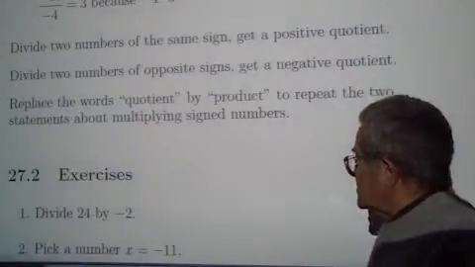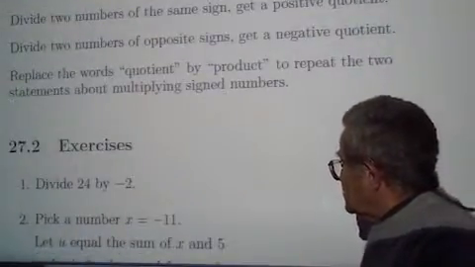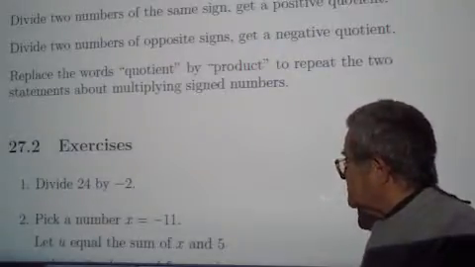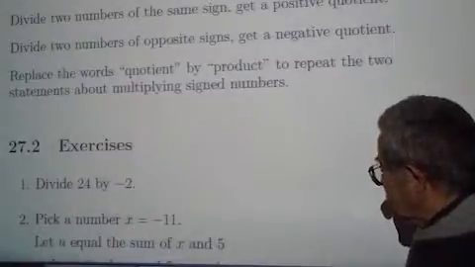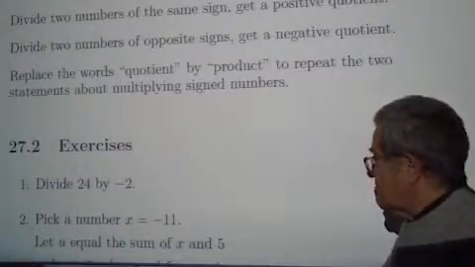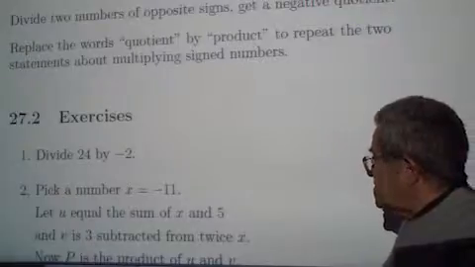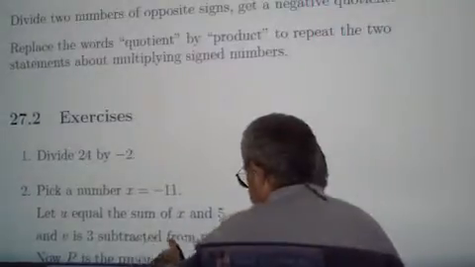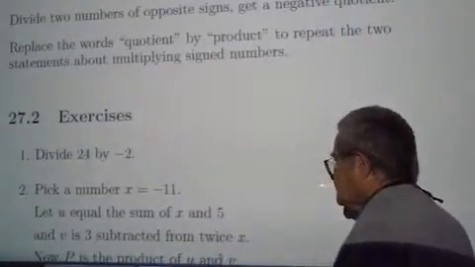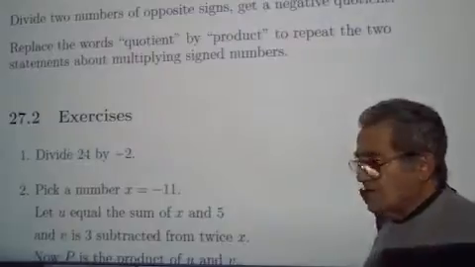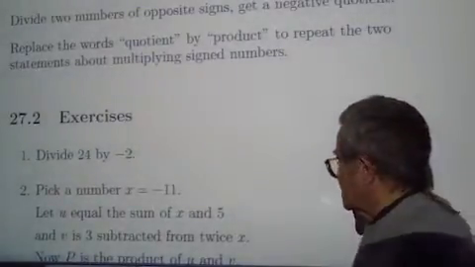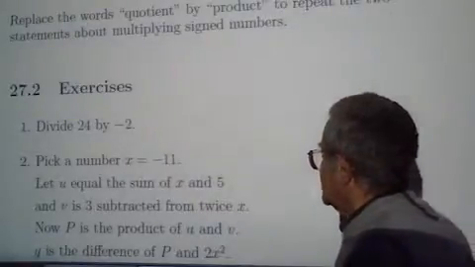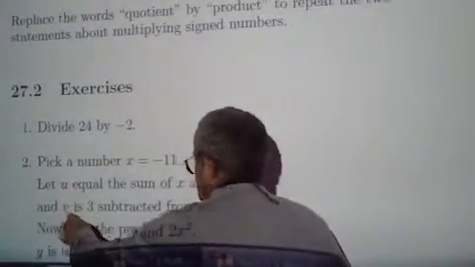What do you do with that negative 11? U is equal to the sum of your number and 5. So take the sum. You know what sum means. Then V is 3 subtracted from twice x. Be careful, subtracted from twice x. And then P is the product of U and V, the product of what you got here and what you got here.